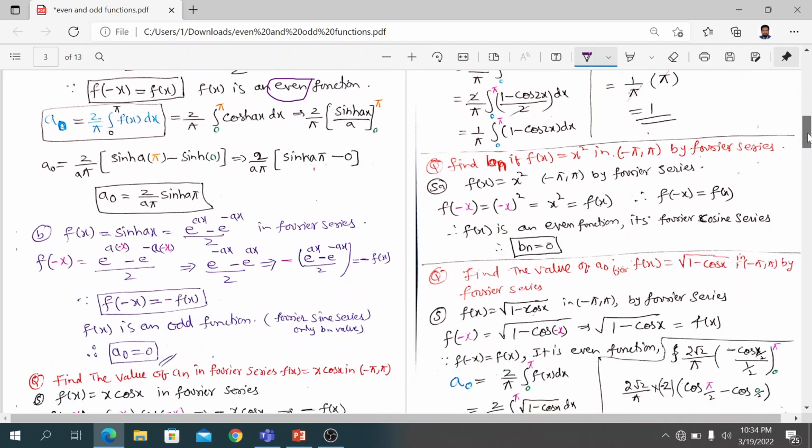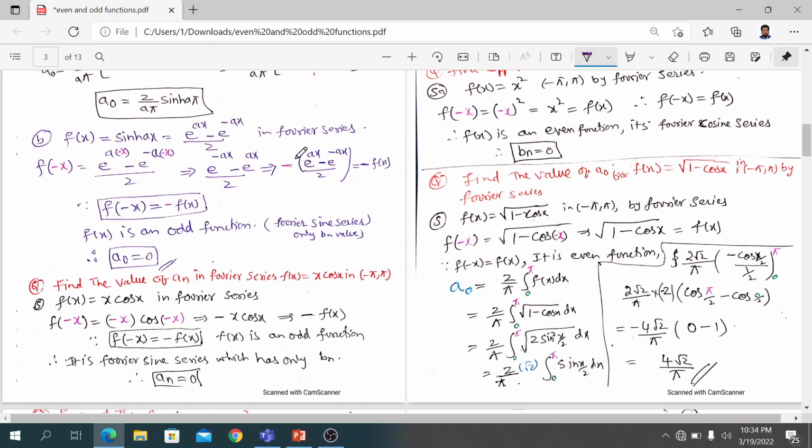Now next question, f of x is equal to sin ax. What is the sin ax formula? e power of ax minus e power of minus ax by 2. Let us check f of minus x. So e power of a into minus x minus e power of minus a into minus x, that is e power of minus ax minus e power of ax.